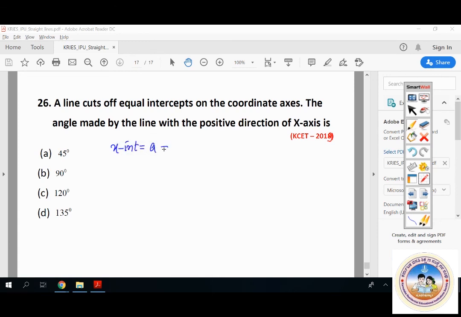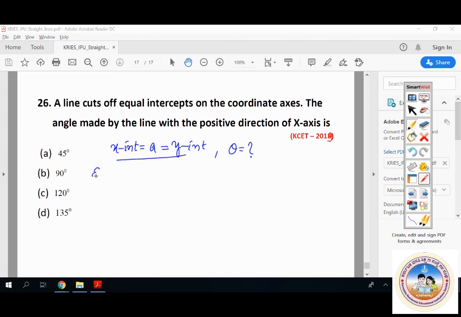Since the intercepts are equal, so y intercept is also a ಆಗೋದು. ಕರೆಕ್ಟಾ? So now the angle made by the line with the positive direction of x-axis ಅಂತಂದ್ರೆ what is theta ಅಂತ ಕೇಳಿದಾನೆ. So theta find out ಮಾಡ್ಬೇಕಂದ್ರೆ ನಿಮಗೆ tan theta ಗೊತ್ತಿರಬೇಕು. ಅಂದ್ರೆ you need to find out what is slope. So now, so here intercepts are given.